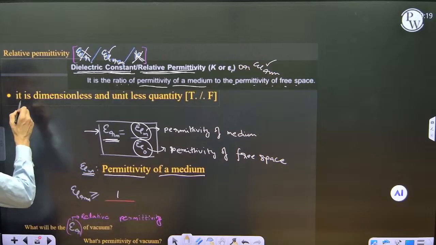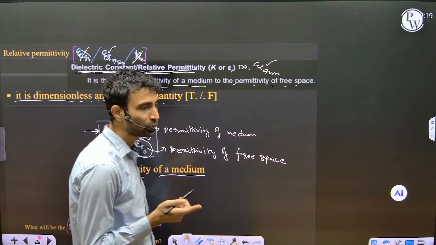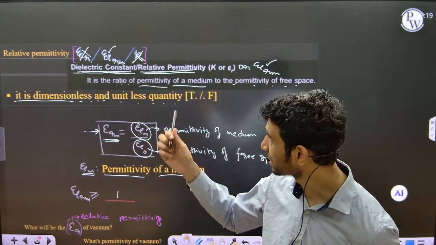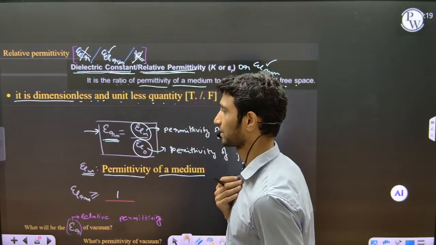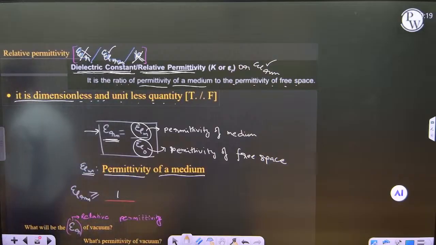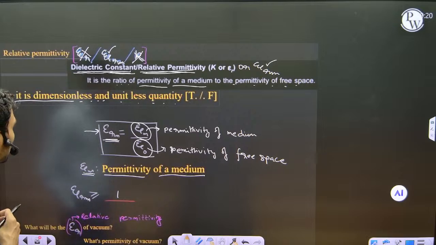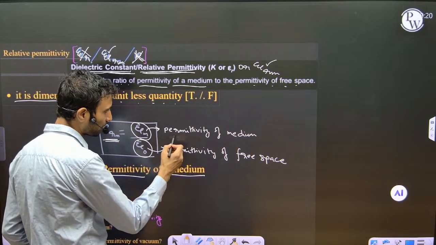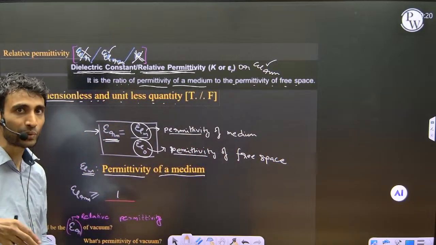So can I say that epsilon rm is a dimensionless and unitless quantity? Is it true or false? Is epsilon rm, the relative permittivity, a dimensionless and unitless quantity? What do you think? See, it is permittivity of medium divided by permittivity of free space. So basically, you're dividing permittivities only, right?